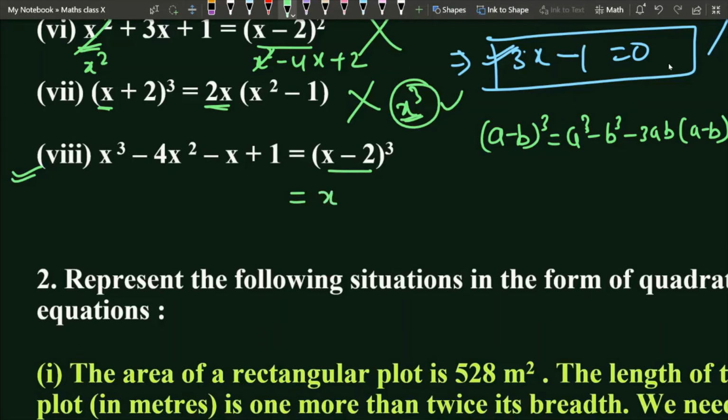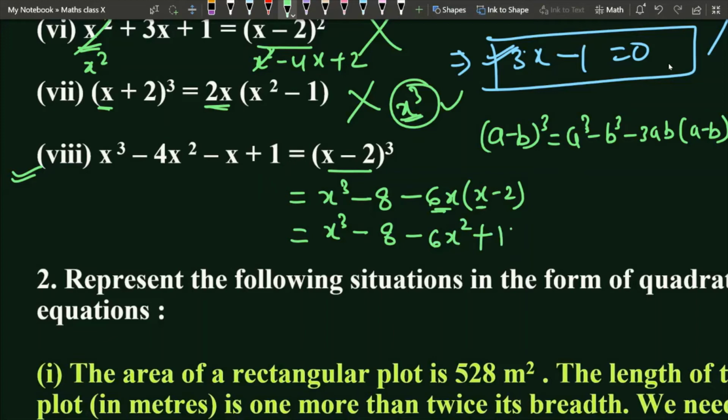So x cube minus 8 minus 3 times a times b, 3 times x times 2 means 6x, and in bracket you will again get x minus 2. So again, if you will expand more, x cube minus 8 minus 6x into x is 6x square, and 6x into minus 2, minus 6x into minus 2, of course, plus 12x.